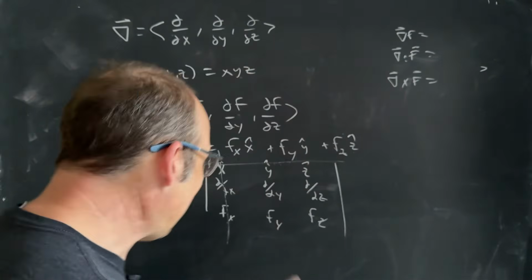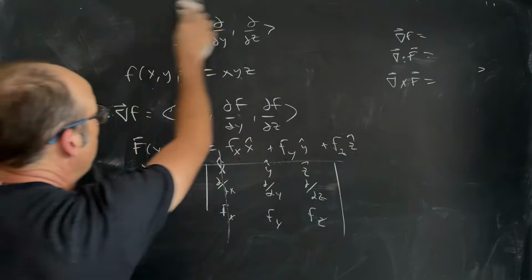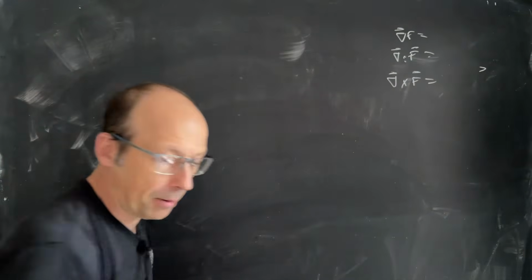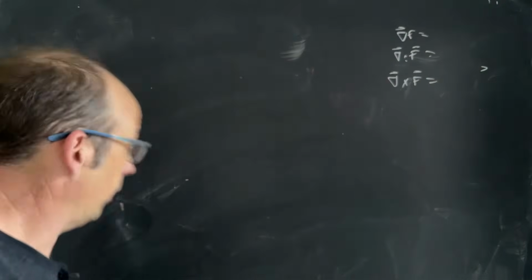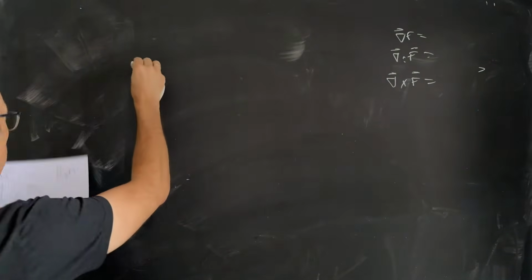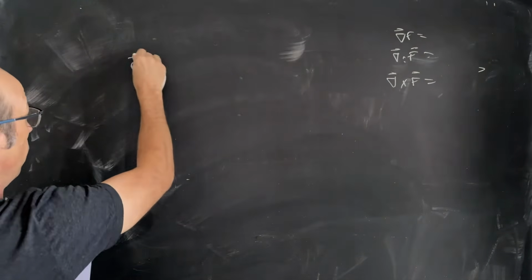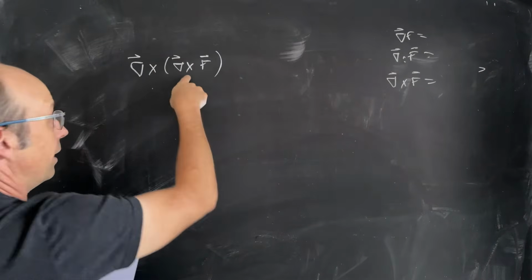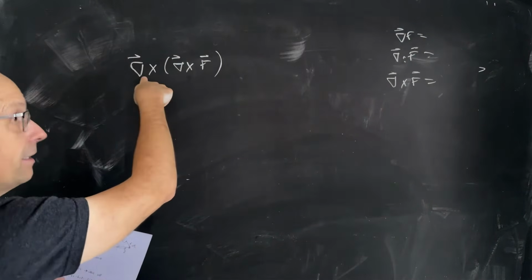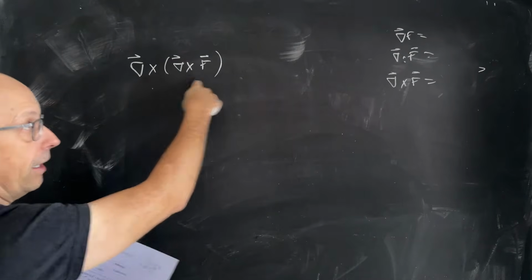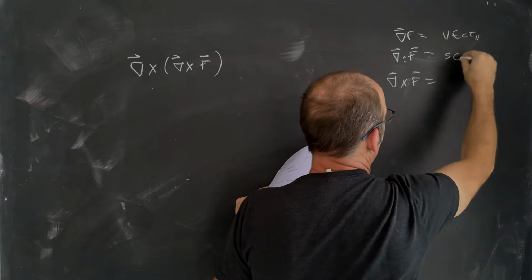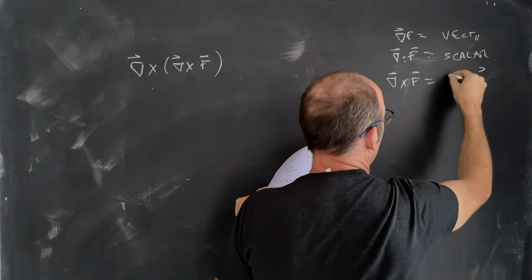There are second derivatives. I'm going to write down just one of them because it does come up, and I can't remember it. I forgot it already. So we have the curl of f. I can take the curl of the function f and then take the curl of that resultant. Remember, the curl gives me a vector. This gives me a scalar. This gives me a vector.